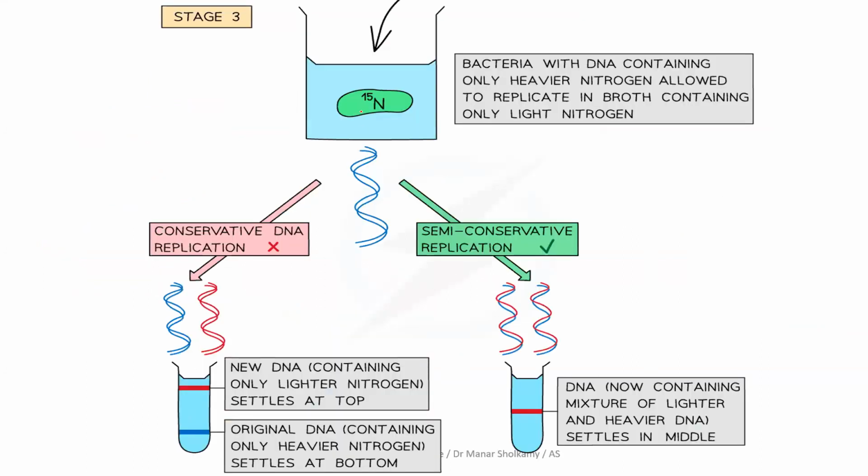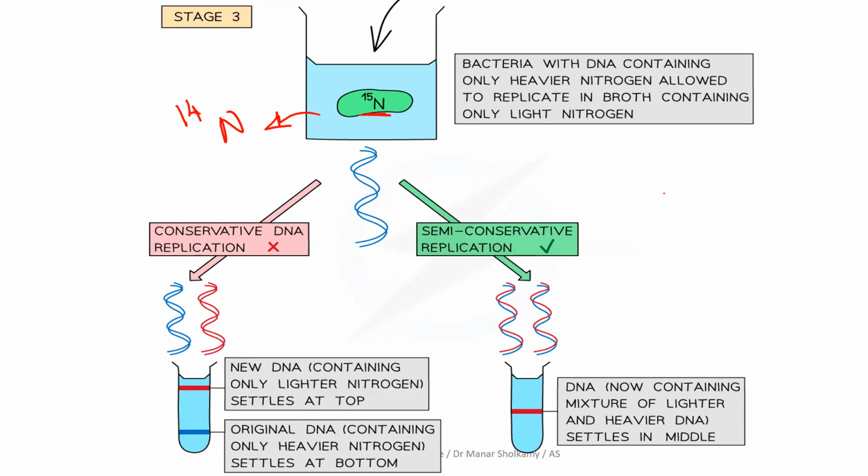Good. What did they do next? They took this bacteria and put it in another solution that contains only light nitrogen, and they left the bacteria for only 20 minutes. Why? To allow the bacteria to replicate once, because this bacteria replicates once every 20 minutes. They expected that the bacteria would replicate by semi-conservative replication.